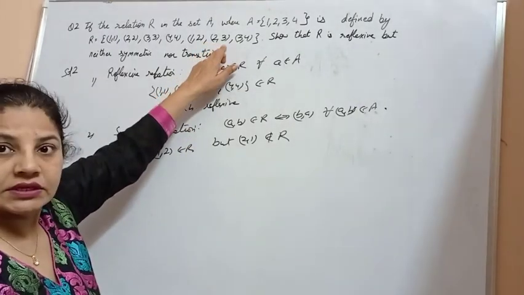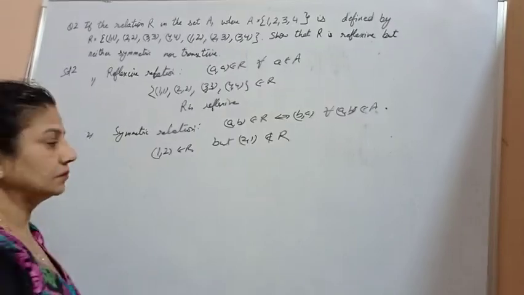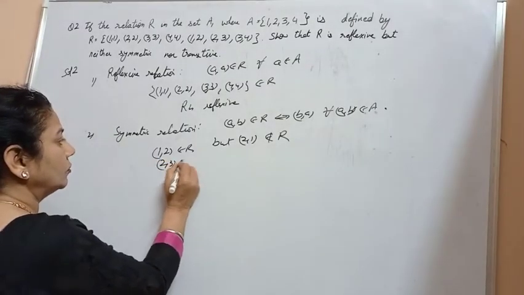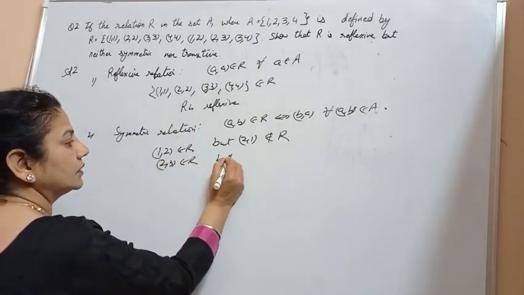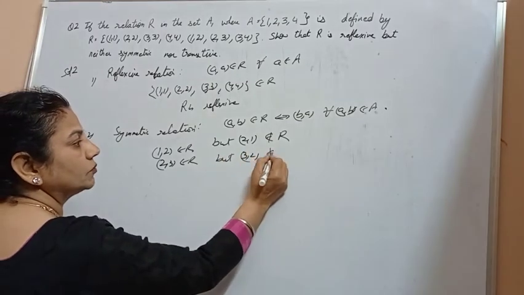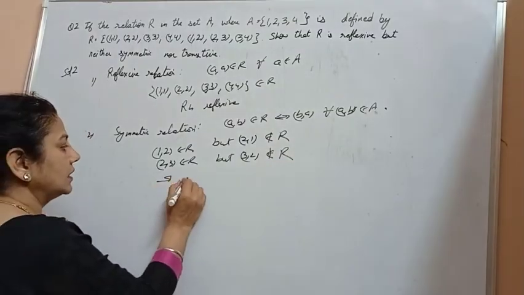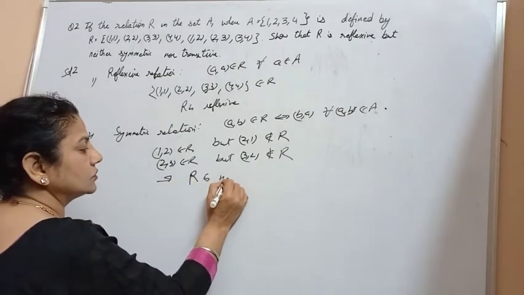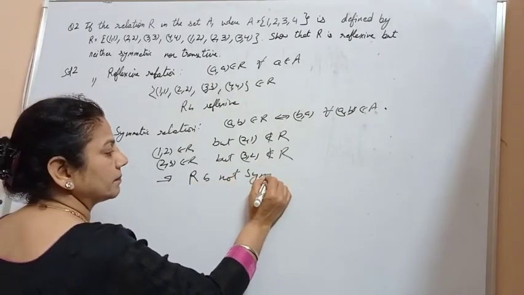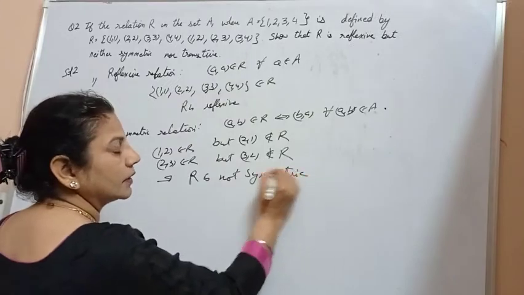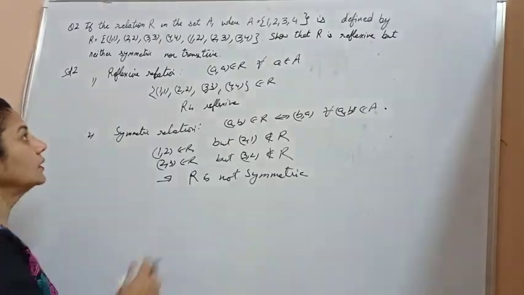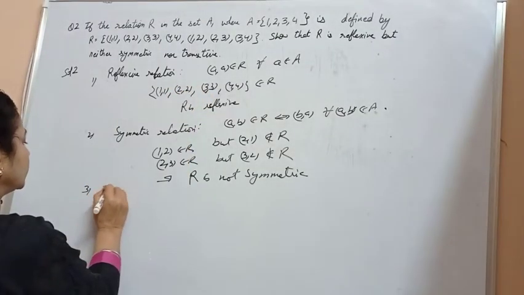Again 2,3 is there, but 3,2 is not there. So what does this imply? This implies that R is not symmetric.